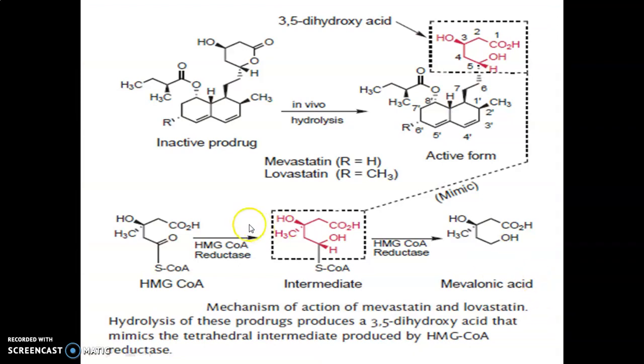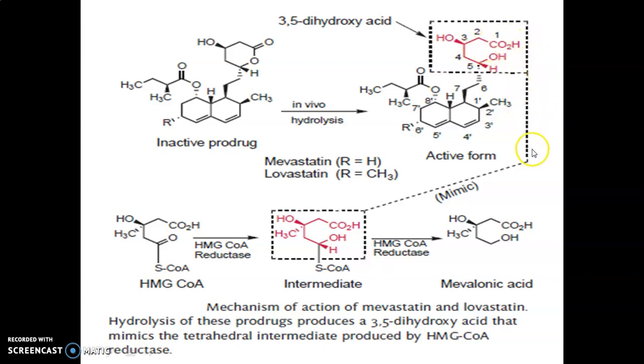Initially, when the statins were discovered, mevastatin and lovastatin were obtained from natural or fungal sources, and they had the lactone ring. In vivo hydrolysis of this lactone ring happens to form the dihydroxy acid, which is the open ring, and this ring is mostly responsible for the activity.